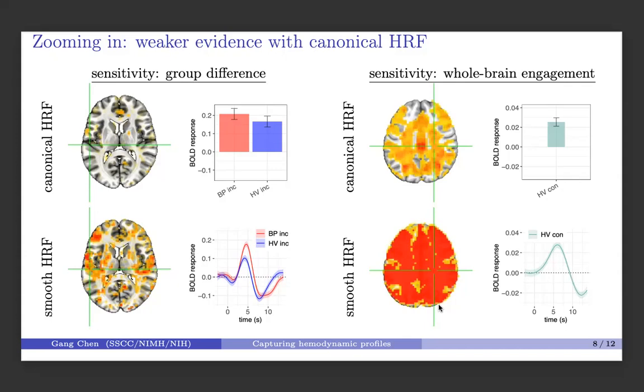This also shows something that has been in the literature. People talk about whole brain involvement, including white matter, but I think this is a better, more sensitive approach to show the presence of hemodynamic response, even in white matter.